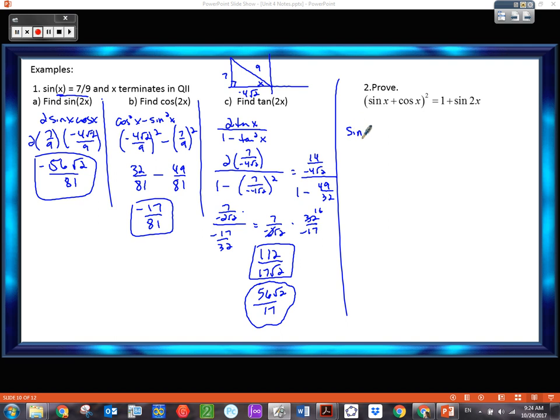It would be sine squared plus 2 sine cosine plus cosine squared equals the right-hand side. I multiplied. I could have chosen to work on the right-hand side, but I really prefer to work on the more complex side, which I think squaring that is a bit more complicated.